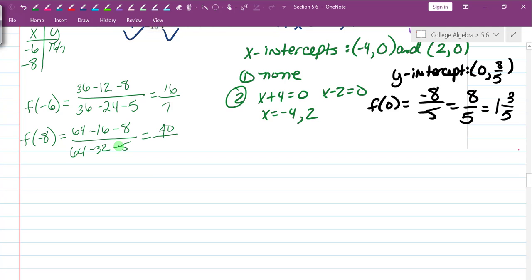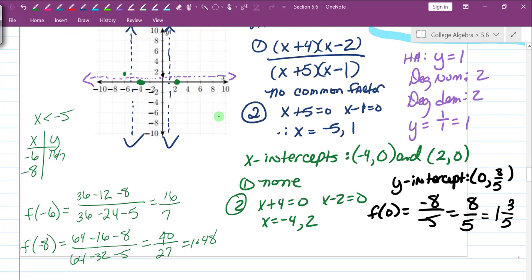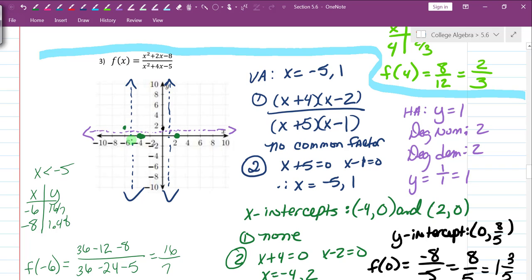And 40 divided by 27 is 1.48. So this is going to be positive 1.48. So negative 8 and positive 1.48. Yep, it's even closer in here.